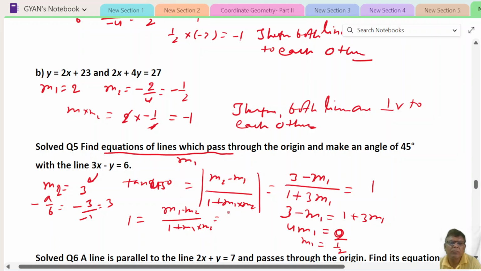So that is equal to m1 minus 3 divided by 1 plus 3m1. So 1 plus 3m1 is equal to m1 minus 3. So 2m1 is equal to minus 4. So m1 is equal to minus half. So minus half and plus half.